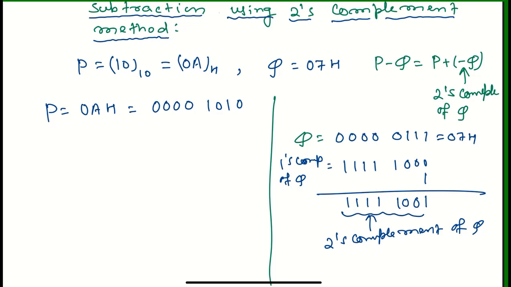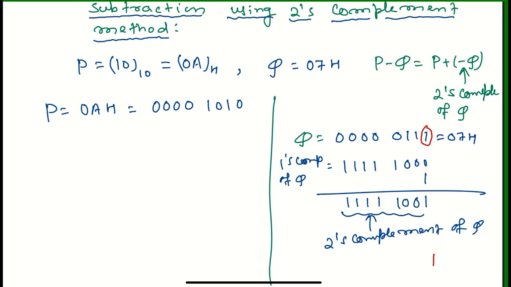Directly also we can find the 2's complement of the given binary representation. How to perform that? We have to check for the first non-zero bit. In this case, Q has its first non-zero bit at this position itself. So write this bit as it is, 1.